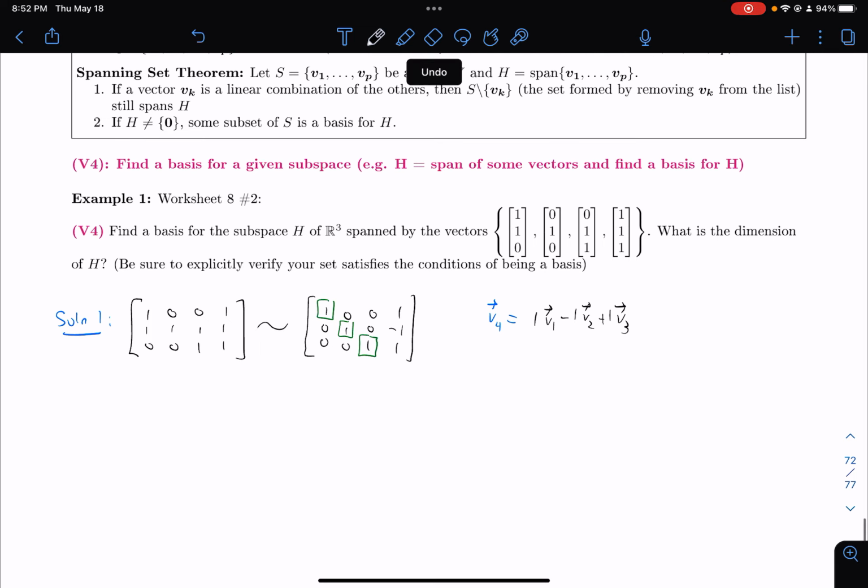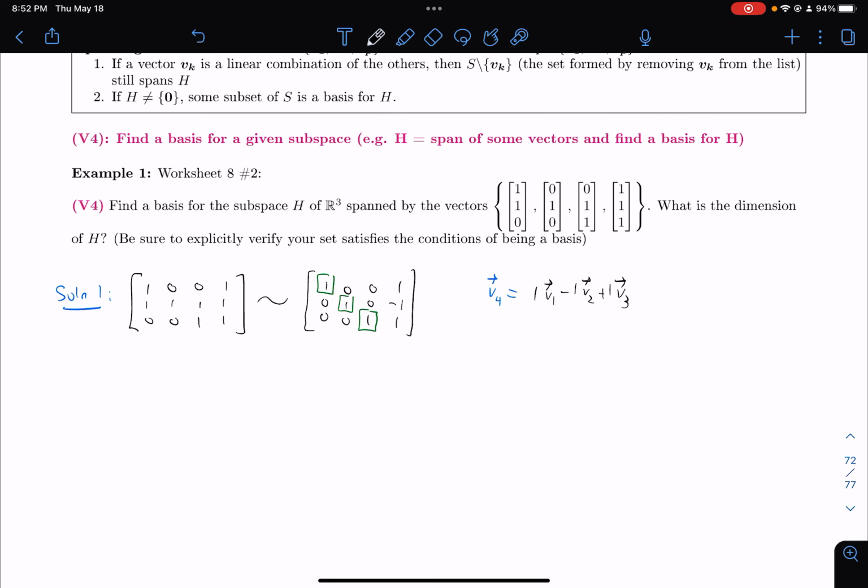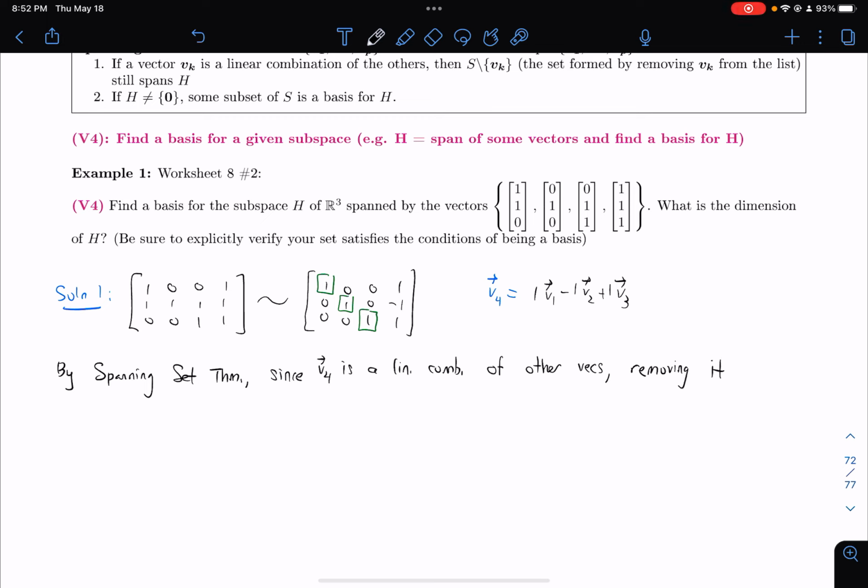Okay, all right. So what I can say now is by that spanning set theorem, since V4 is a linear combination of the other vectors, removing it doesn't change the span.